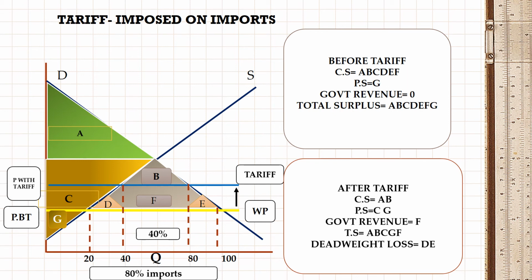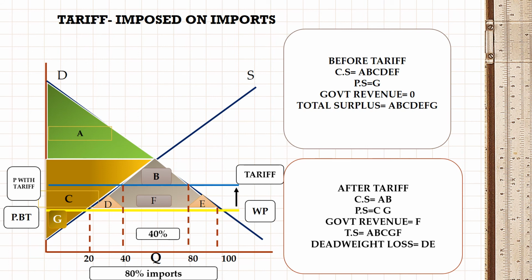If you compare the total surplus before tariff, you notice before tariff total surplus was higher and after tariff total surplus is less. It means a tariff is not efficient for the economy. Why? Because it has created a deadweight loss.